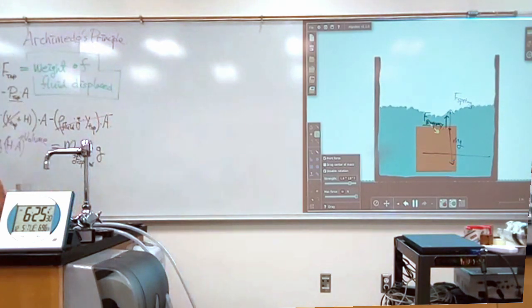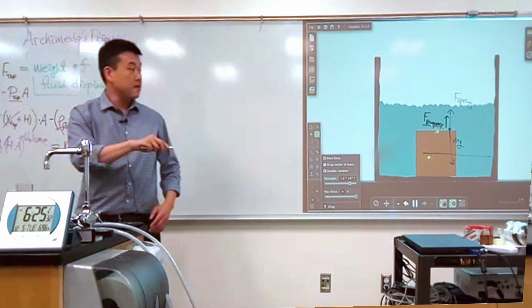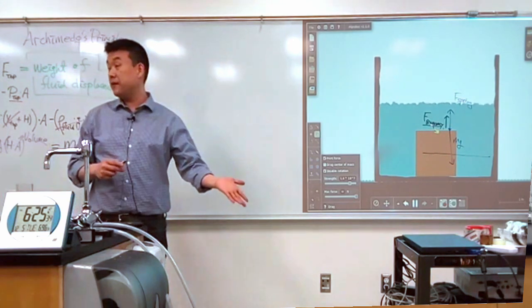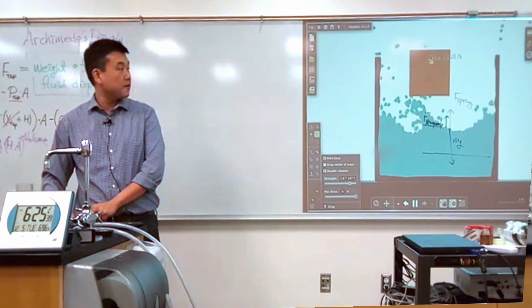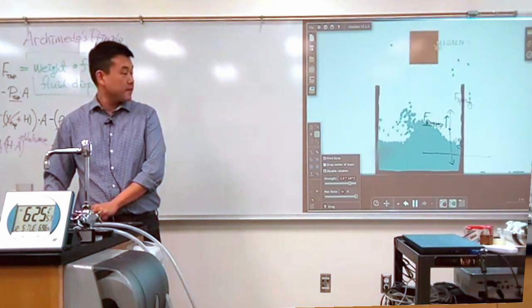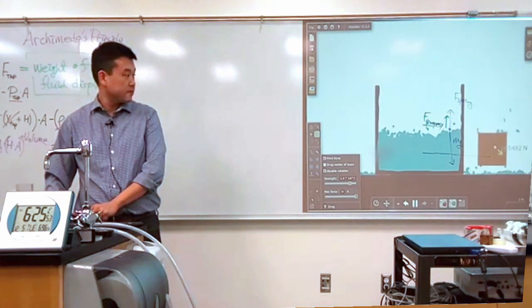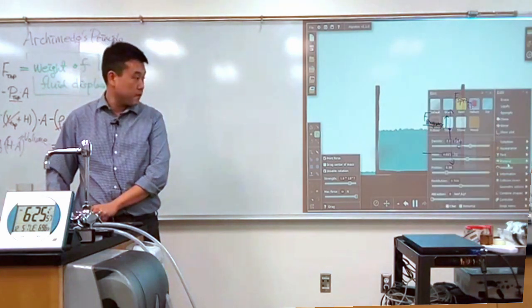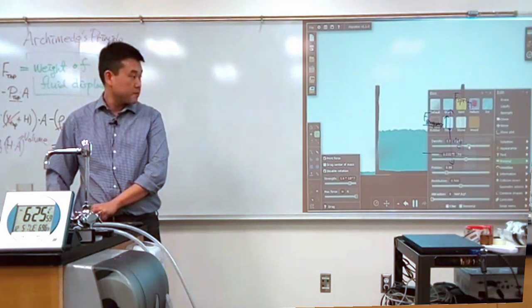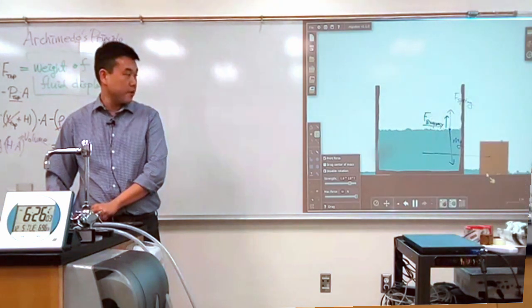Because the object is more dense, it will always be a little bit heavier than the fluid it's displacing. Now let me change the picture. Let me make it so that this is lighter. Let me make the density of this material 0.9.